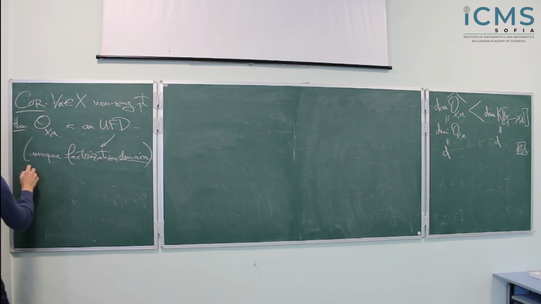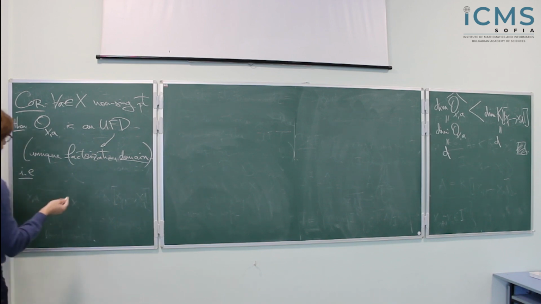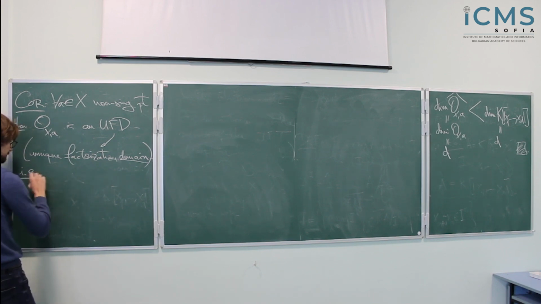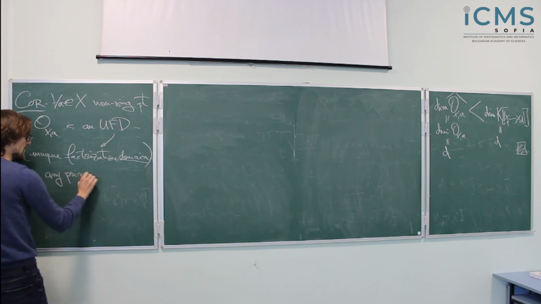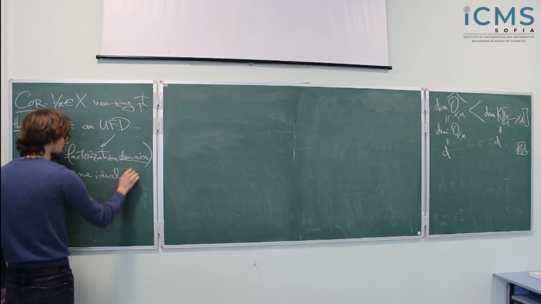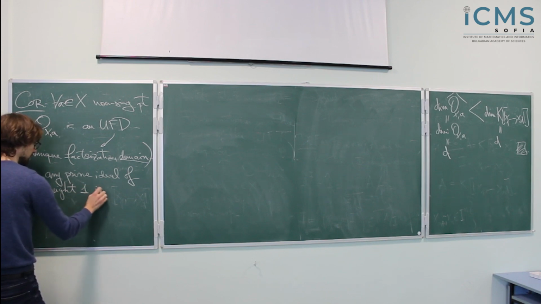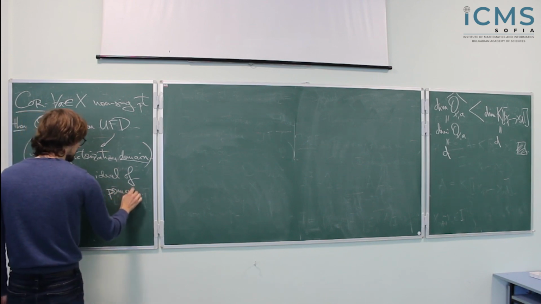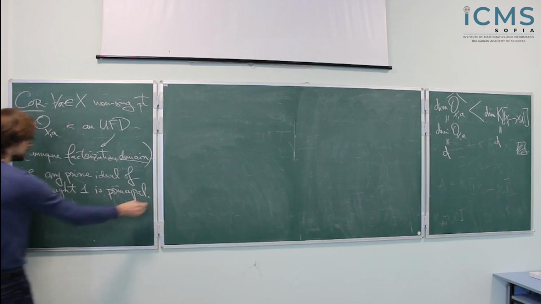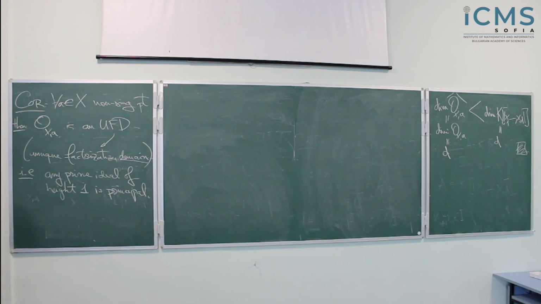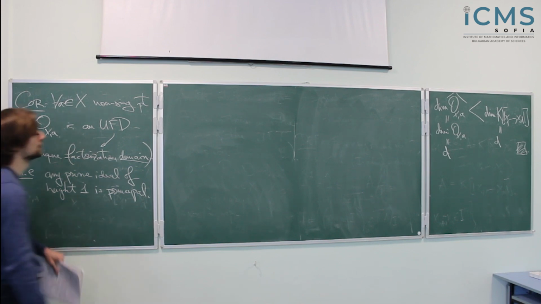And there is another characterization of factorial rings or UFDs: any height 1 prime ideal is principal. Why is this interesting?